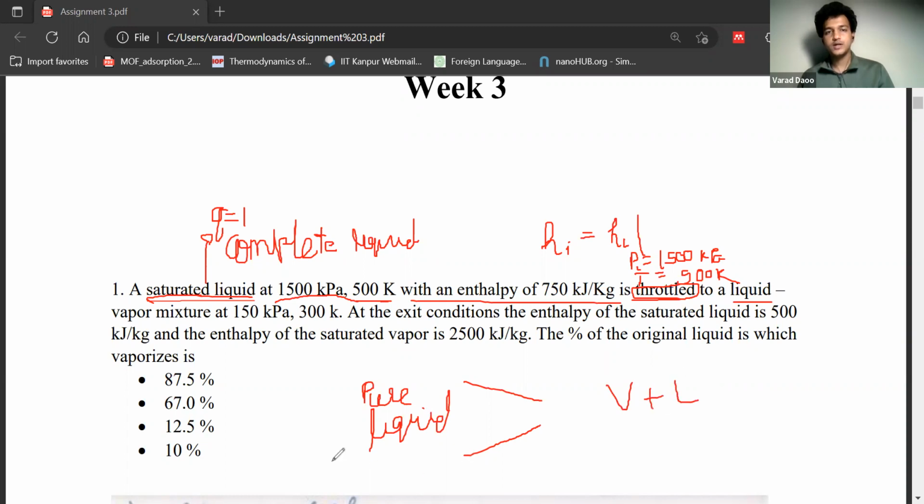Here H1 is given as 750 kilojoule per kg.